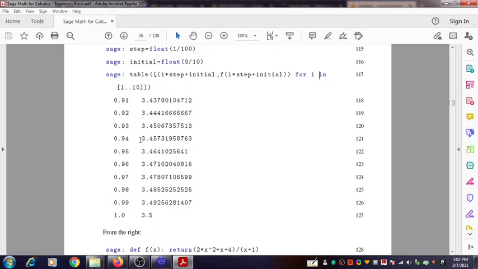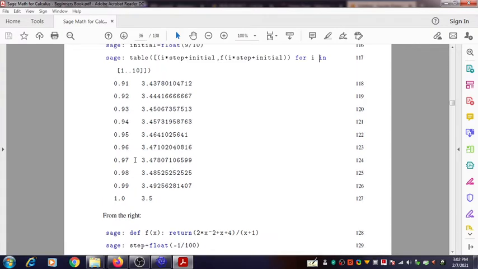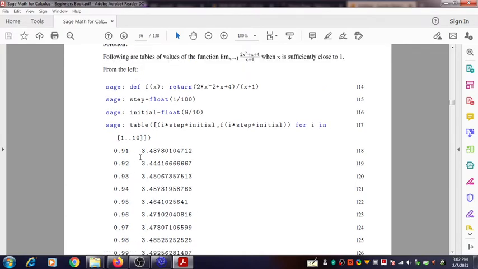It repeats: 1, 2, 3, 4, 5, 6, 7, 8, 9, 10. This is the way we obtain all these 10 items, and finally all the values are displayed in the form of a table.